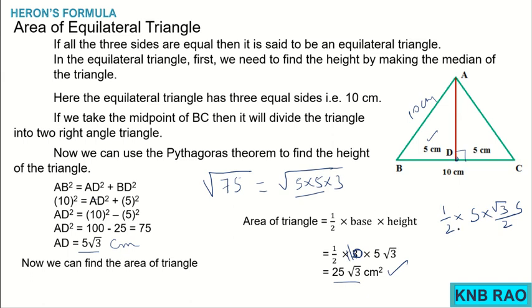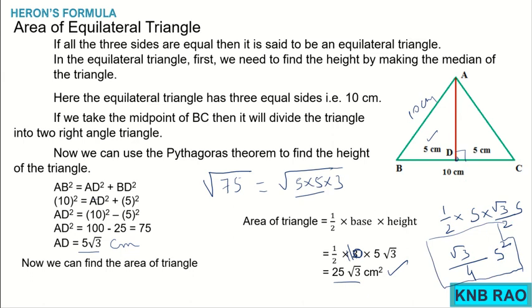This product 1 into root 3 is root 3 by 2, 2 twos are 4. So, root 3 by 4, S into S is S square. So, this is the straight away formula to find the area of an equilateral triangle: root 3 by 4 S square, or side square. Okay.